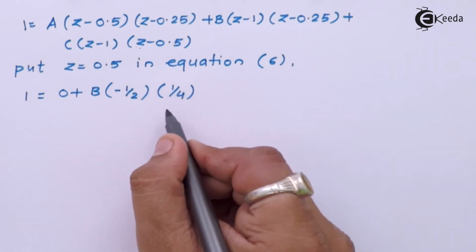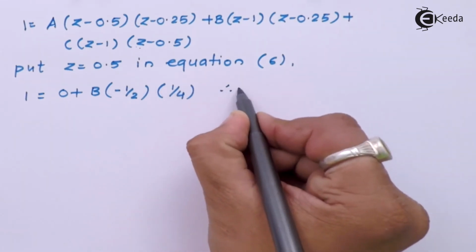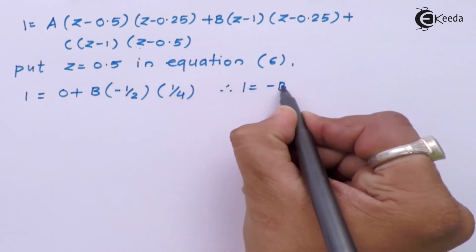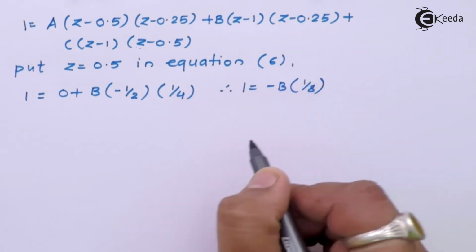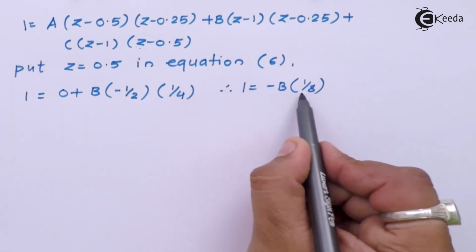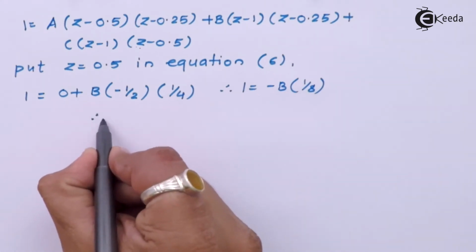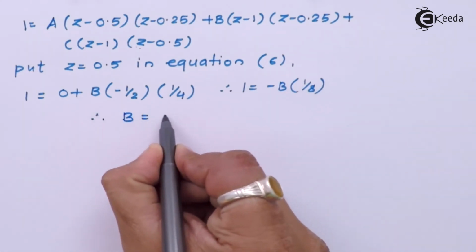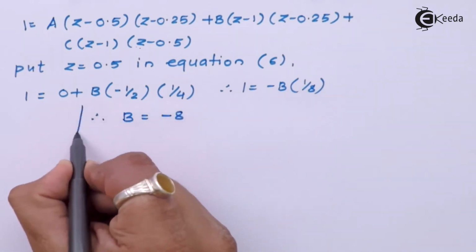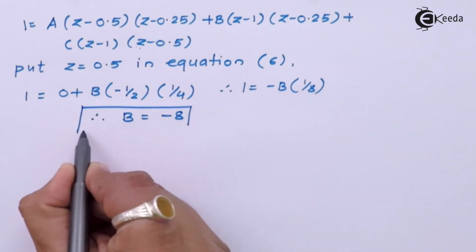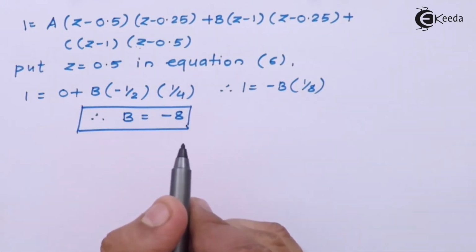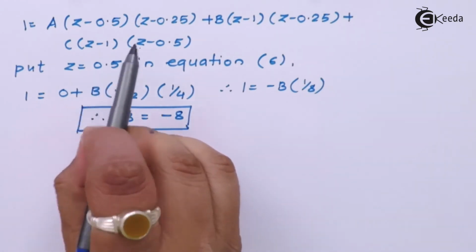Now just do the multiplication, half into 1 by 4, answer is 1 by 8. Now multiply both the sides by 8, then what you will get? Our b result is minus 8.